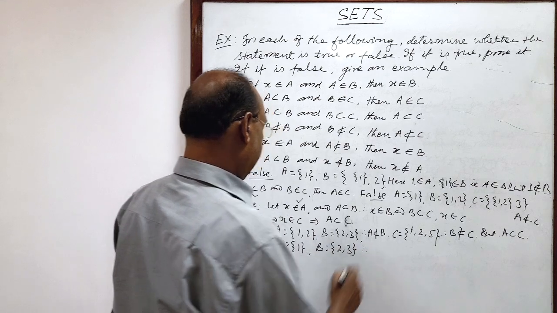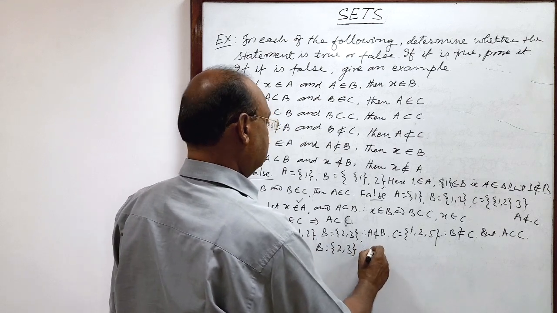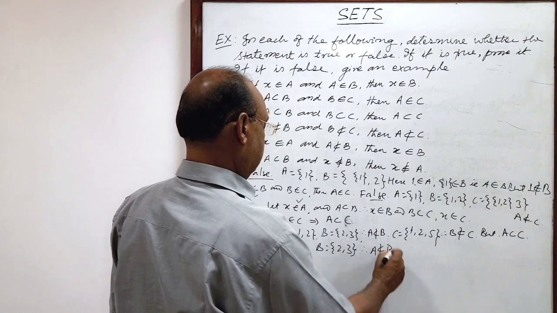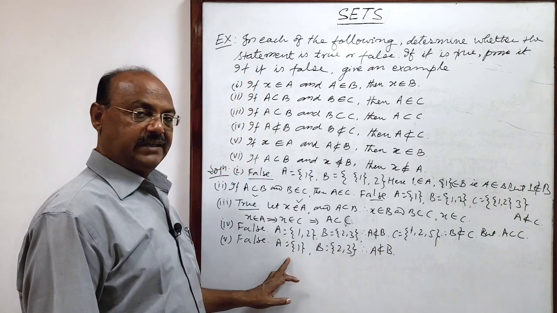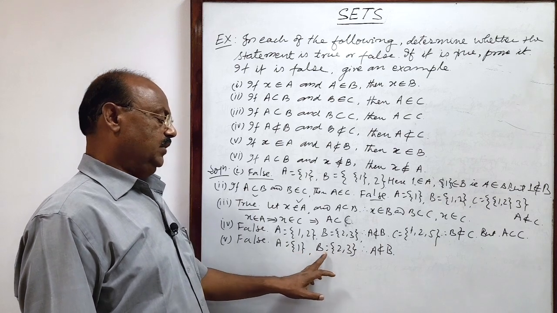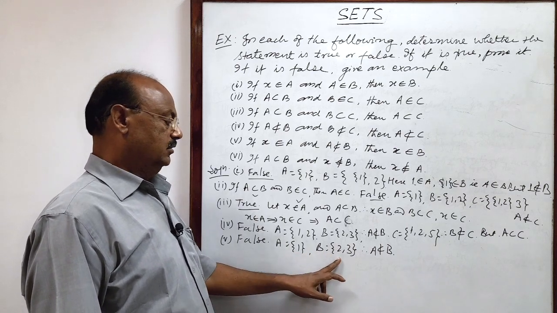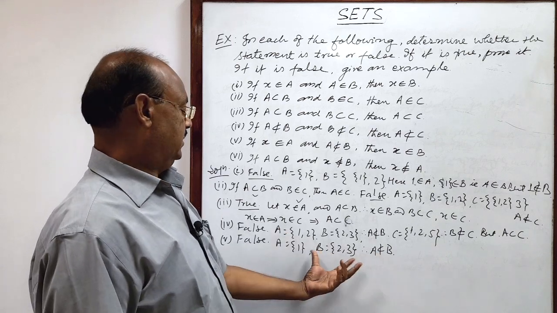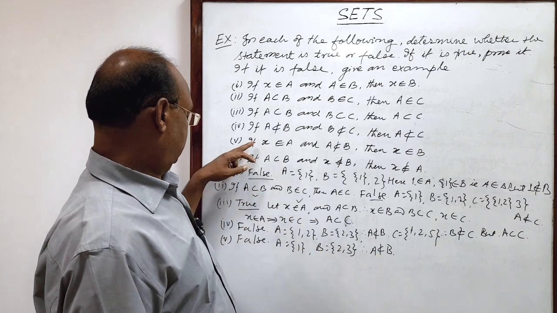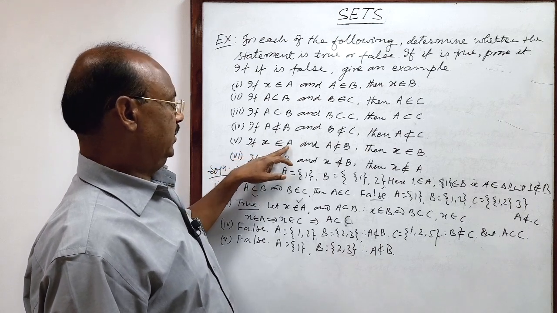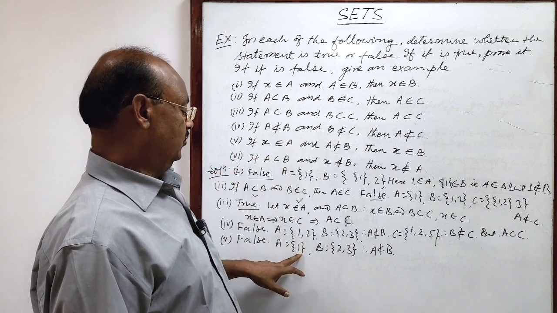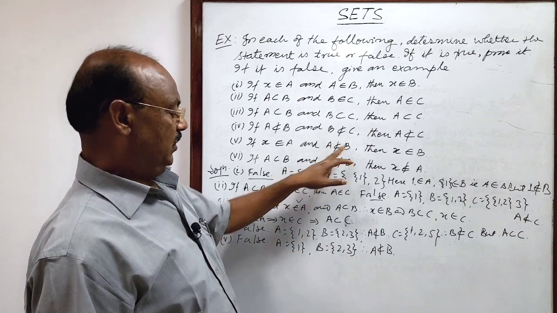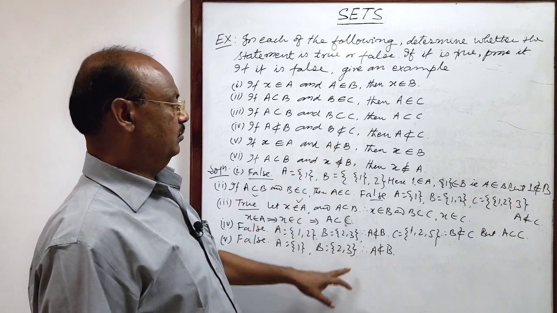So A is not a subset of B, because A has element 1 but B does not have this element 1. So definitely A is not a subset of set B.